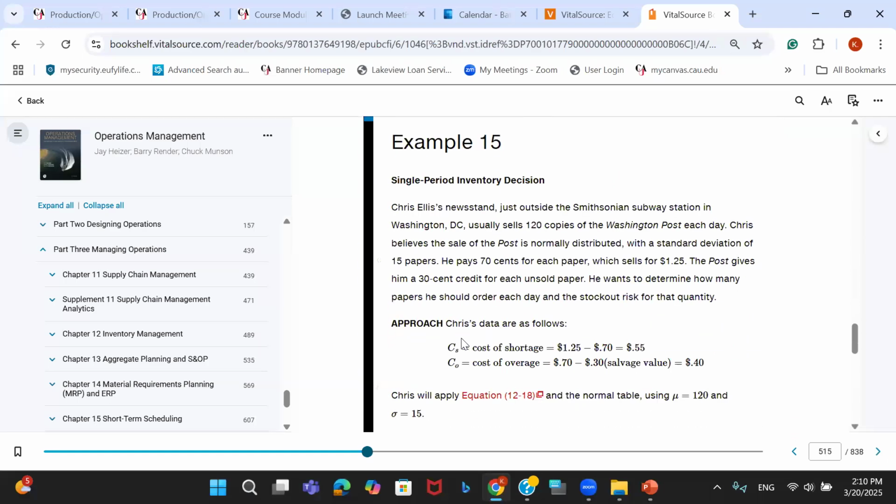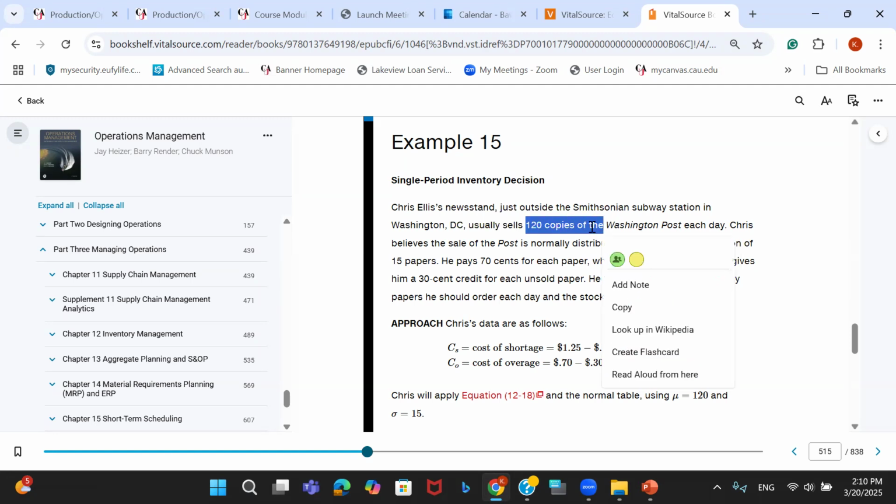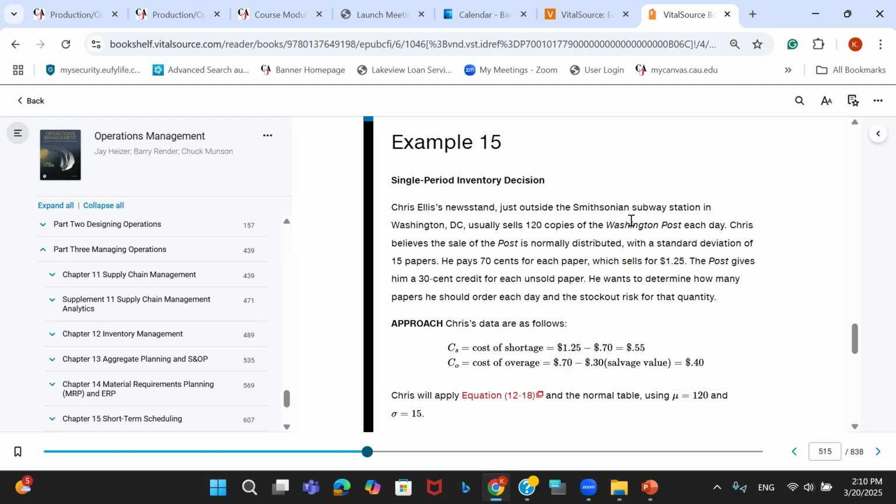This is an example here. Chris Ellis, just outside the Smithsonian subway station in Washington, D.C., usually sells 120 copies of the Washington Post each day.